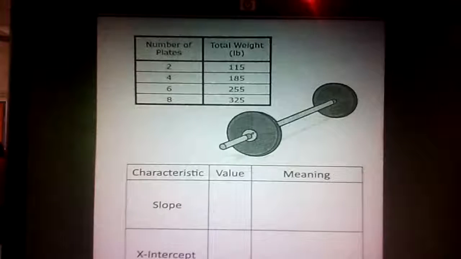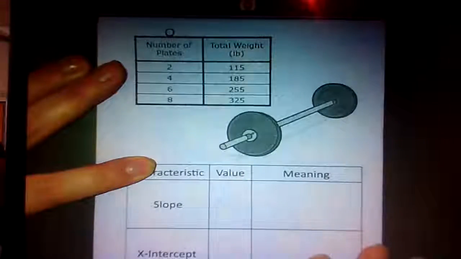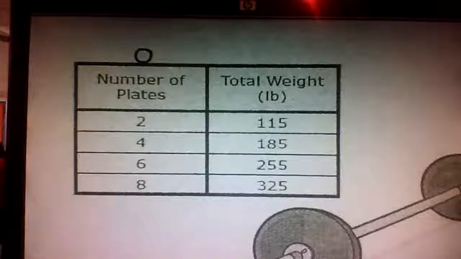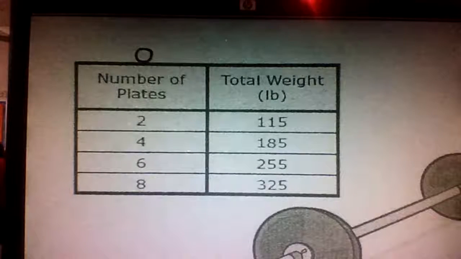So what do you want to start with? You want to start with the y-intercept. So if we want to start with the y-intercept, I have to figure out what happens when x is 0. If you want your y-intercept, I need to know what happens when x is 0.